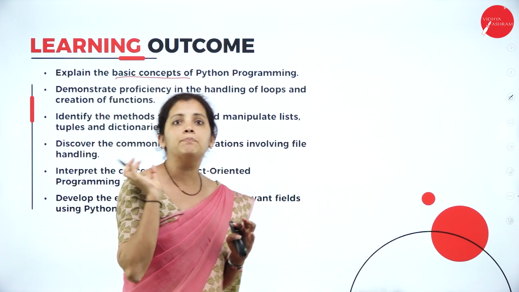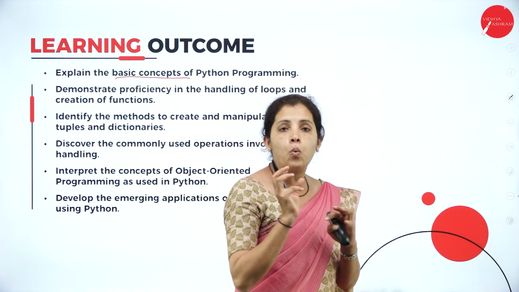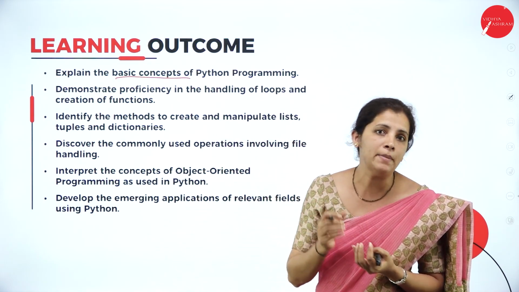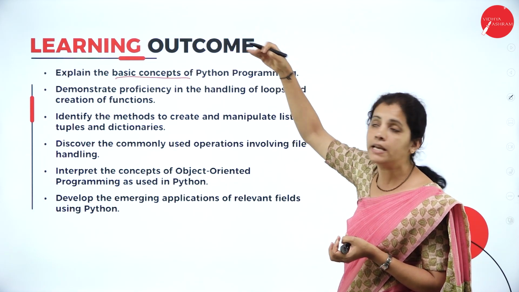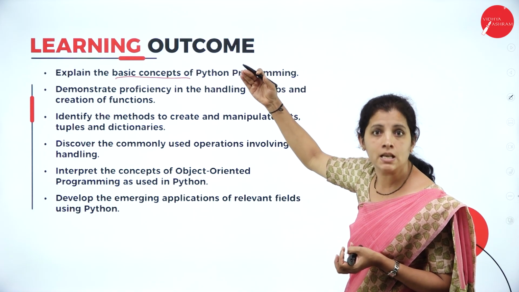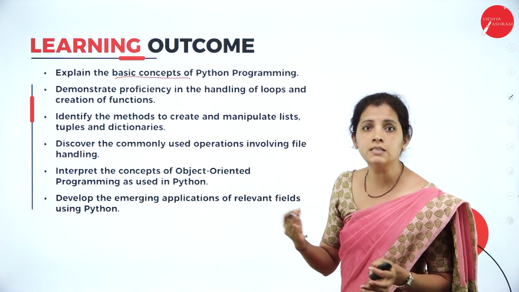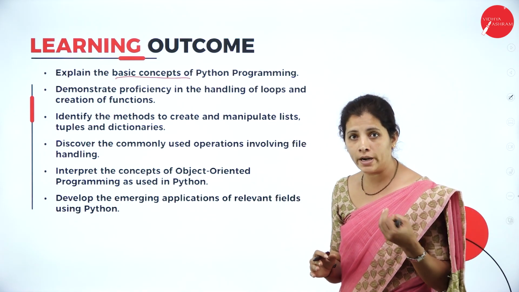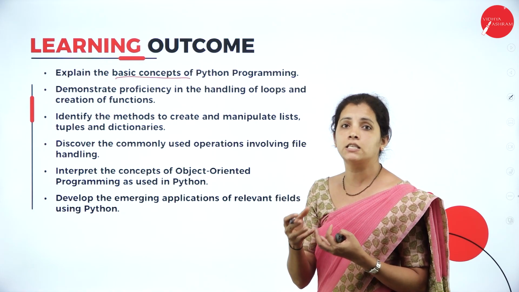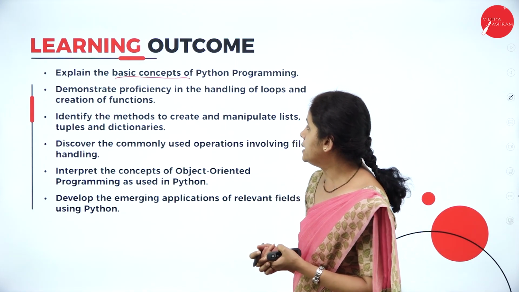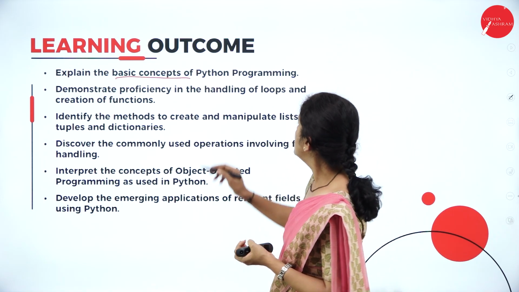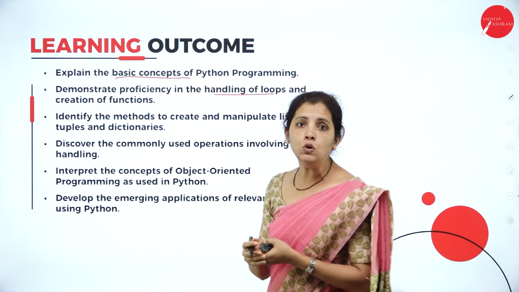To write a simple Python program, what are the basic elements we require? All those things we are going to study in our basic concepts like variables, identifiers, operators, data types, etc. And it demonstrates the efficiency in the handling of loops.